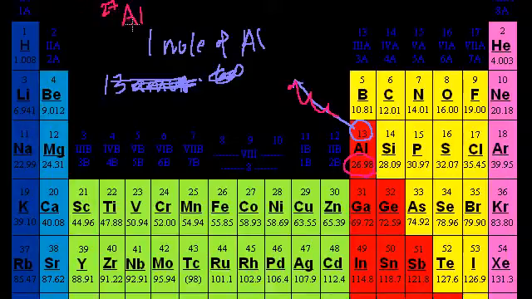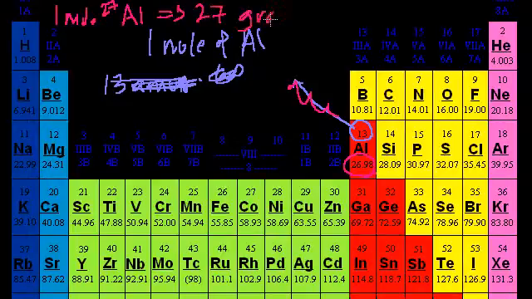You take its mass number, and if you have 1 mole of it, then the mass of that will be 27 grams. So it literally is, when you have 1 mole of an atom, a direct translation between its mass number and grams. 1 mole of iron, let's say iron 56, right?